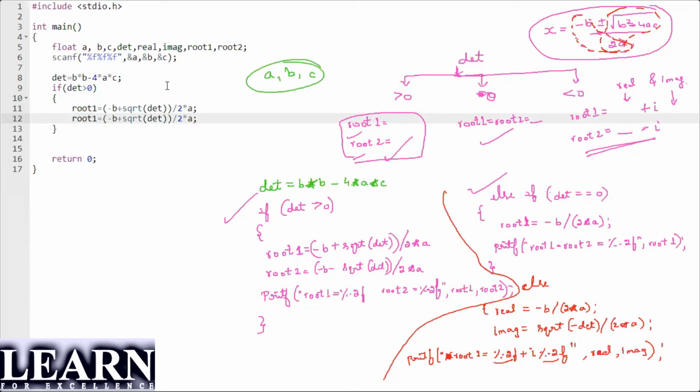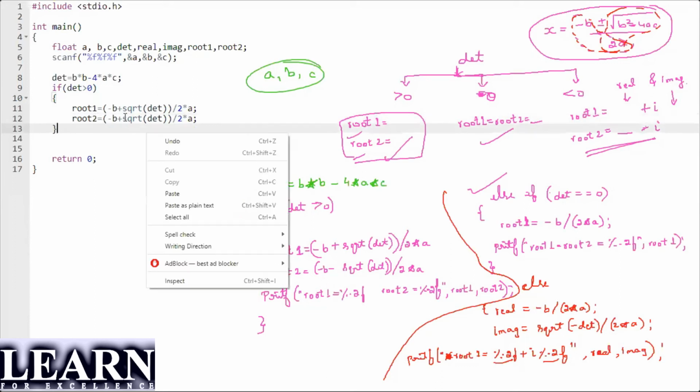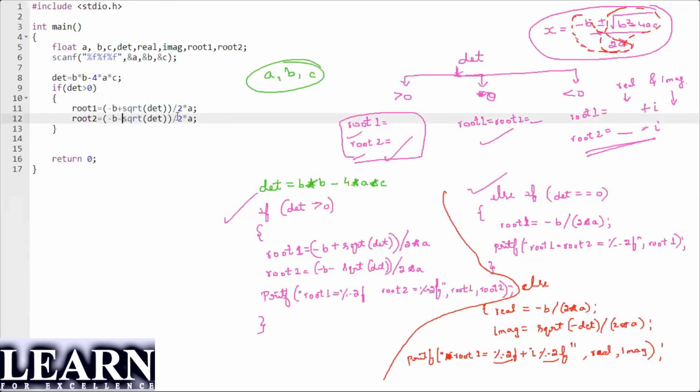Root 2 equals minus b minus square root of b square minus 4ac divided by 2a, that is nothing but determinant. At last, I'll be giving out the printf statement.